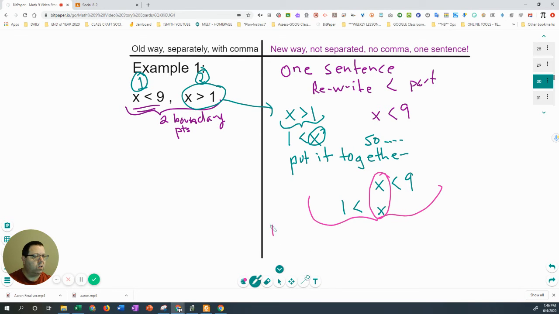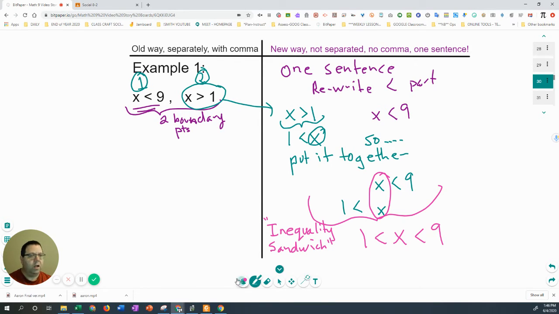I call it the inequality sandwich. That's my term. It's not an official term. Obviously, Mr. Smith is making it up. In other words, you can just write 1 is less than x less than 9.